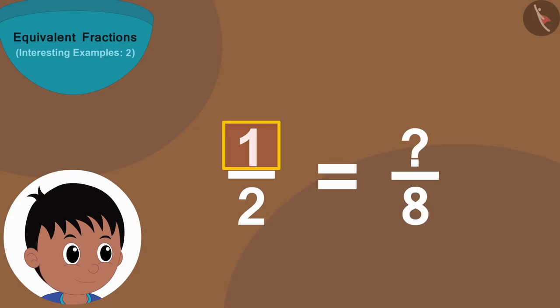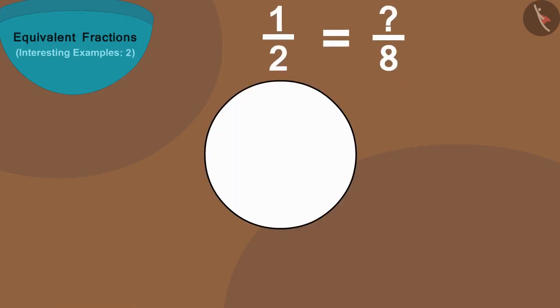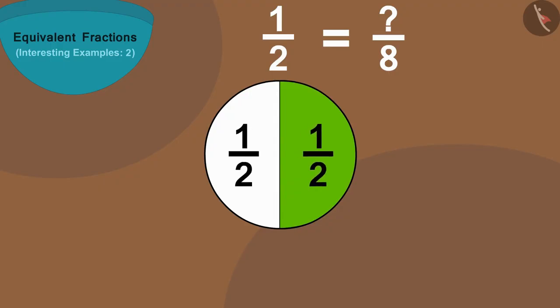And the number 1 shows that we took one of those 2 parts. Like, if we divide this circle into 2 equal parts and fill color in 1 part, then we can write the colored part of the circle in the form of a fraction in this way as 1/2.